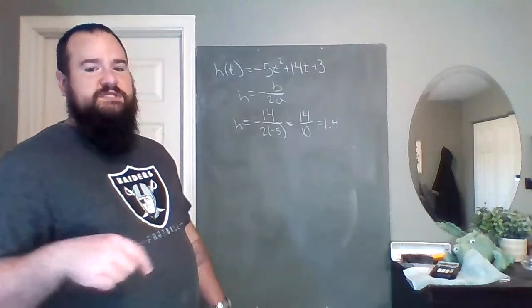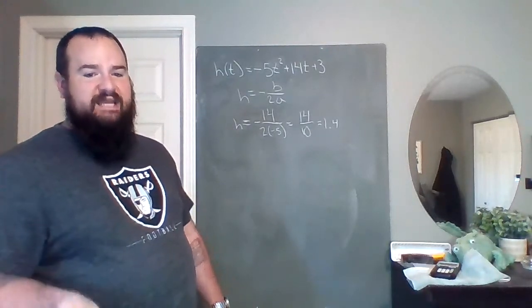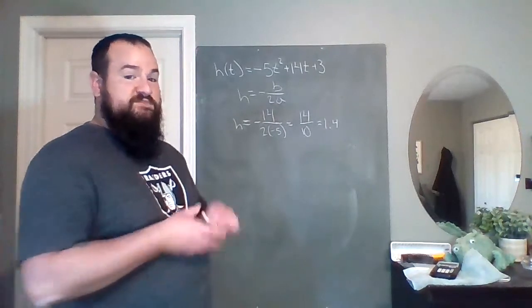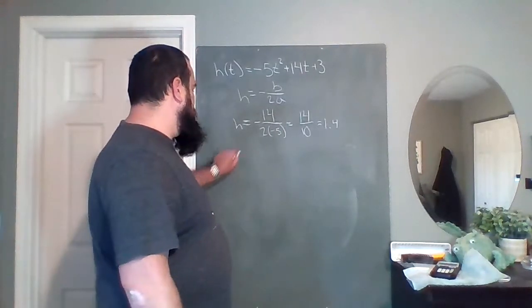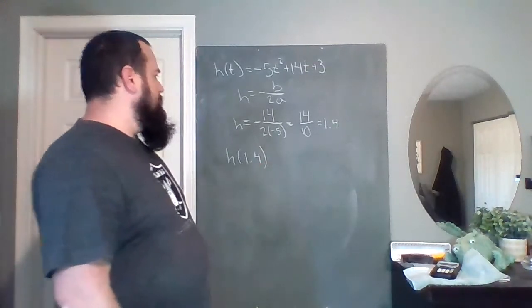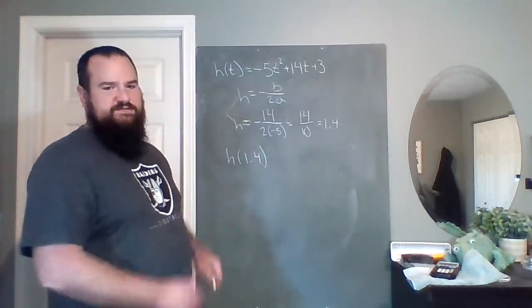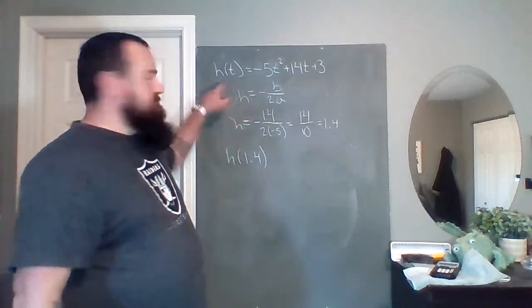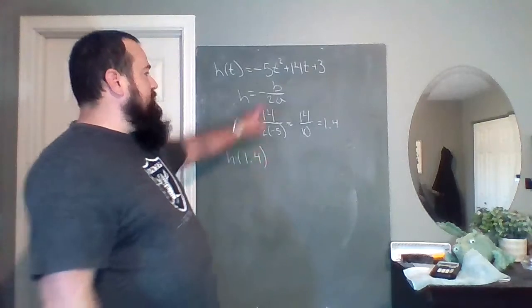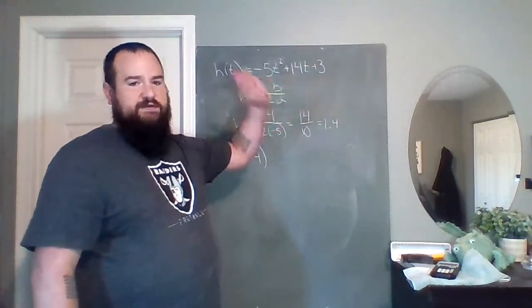The next part of this question is, what is the highest height it reached? So that just simply wants us to find our k value. To find that, I just simply need to calculate h of 1.4. Now, these h's here are different. These are like the vertex h, not this h. So to find h of 1.4, we could absolutely plug that in for our t, go through those calculations, do that, right?